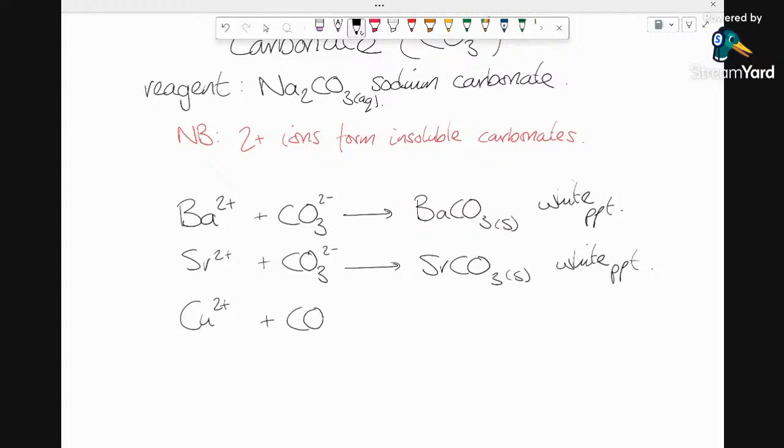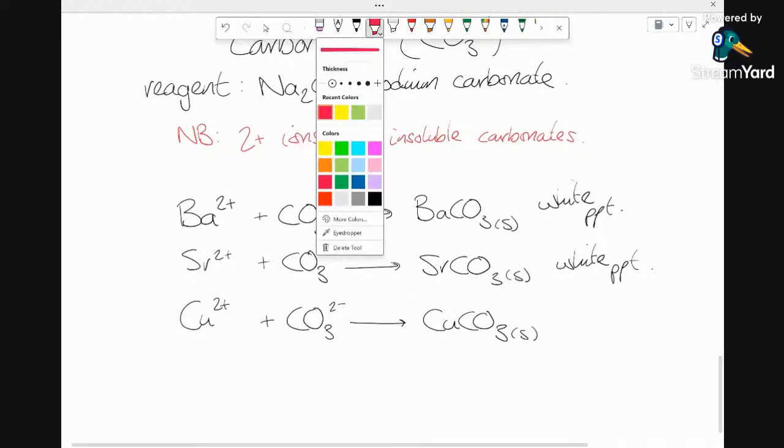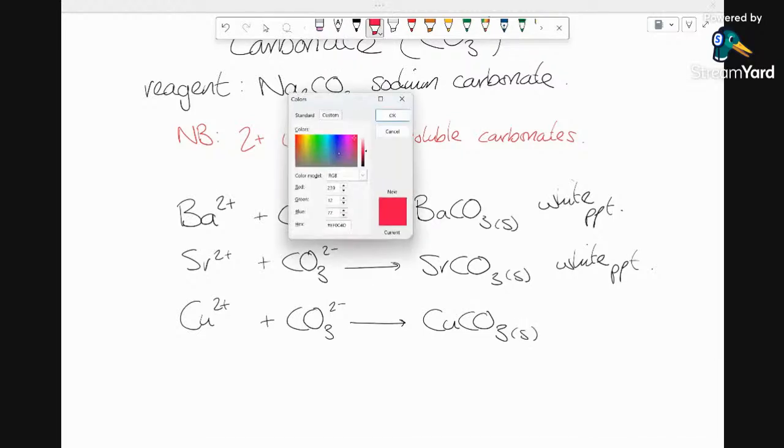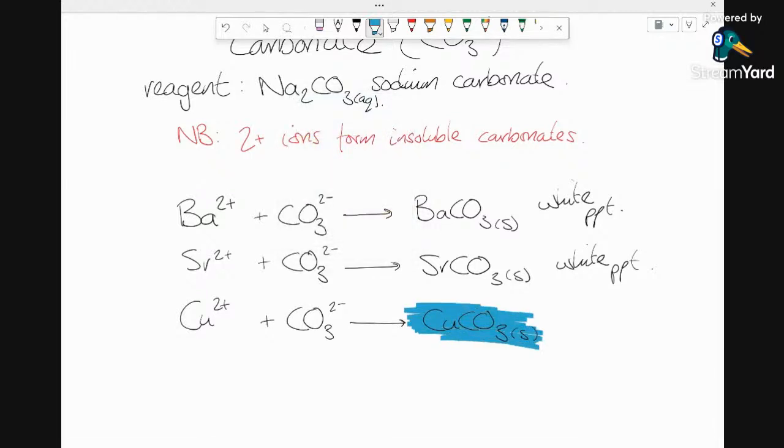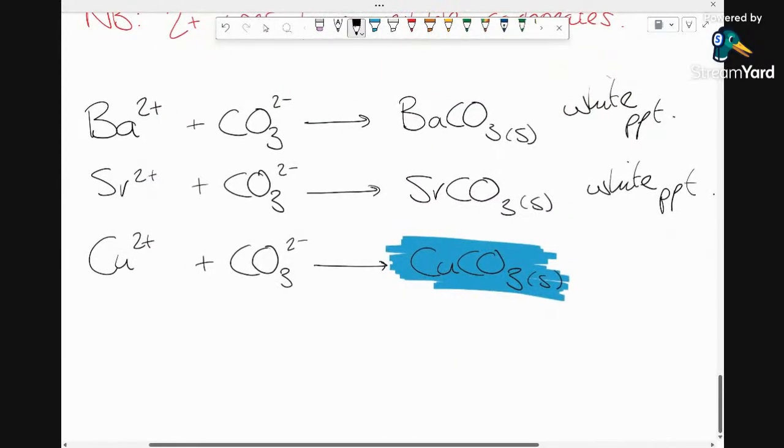Now, copper 2+ is a transition metal, which means it's going to react to form copper carbonate. And this is the first one with a color. This one is blue-green. It's turquoise. You're not allowed to call it turquoise, but it technically is. You call this blue-green. Copper carbonate, blue-green precipitate.